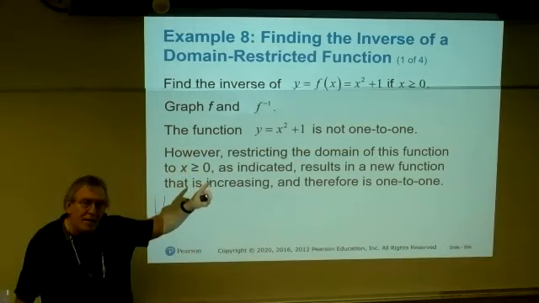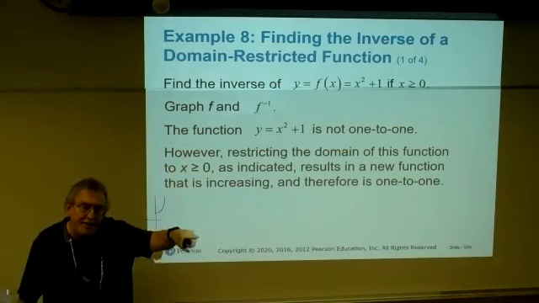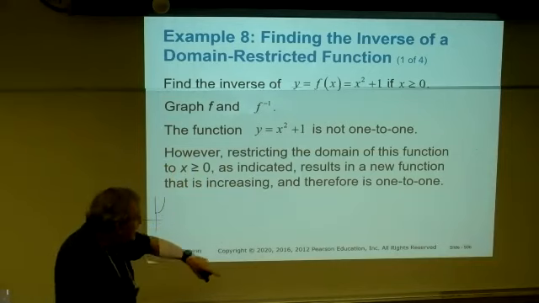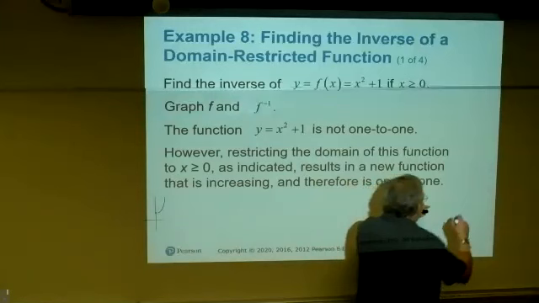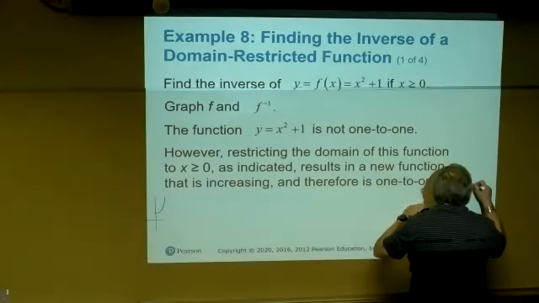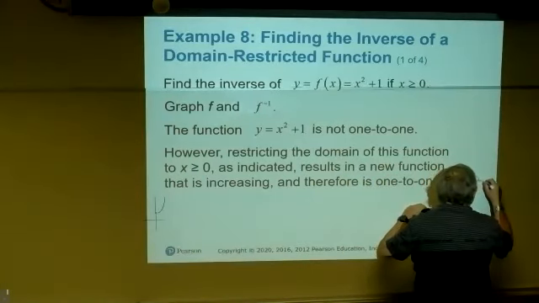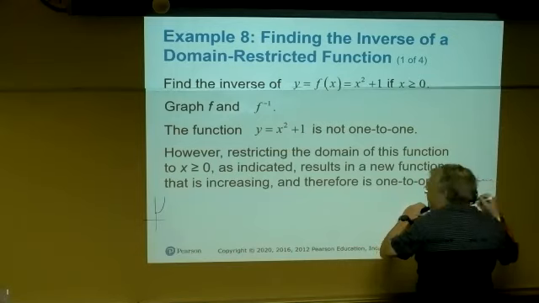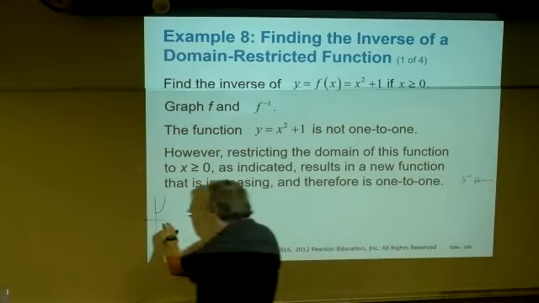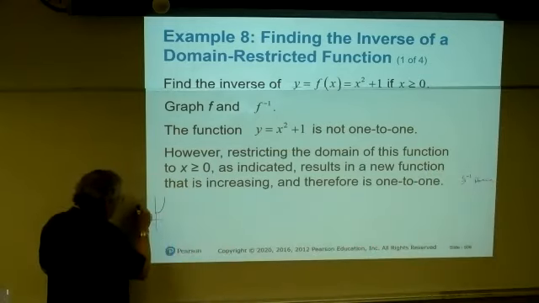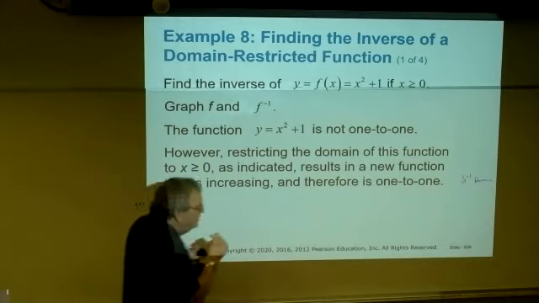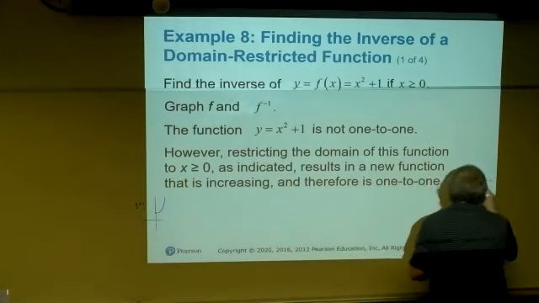That becomes my new domain: x has to be greater than or equal to 1 in my f inverse. My f inverse domain is the range for this. The range for this is y greater than or equal to 1, so the domain here is that x is greater than or equal to 1.